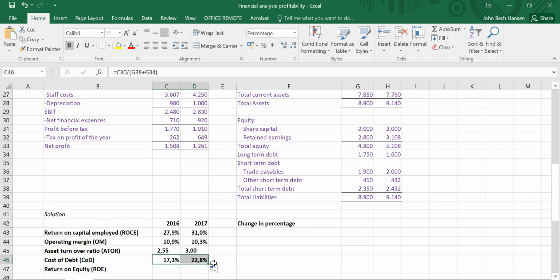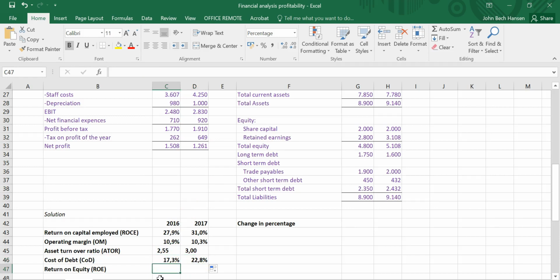Then you maybe can say that you make a profit on your financing. However, in my opinion, it's a little arbitrage discussion, because you make a profit on your business. But anyhow, we can see that the cost of debt here is increasing.